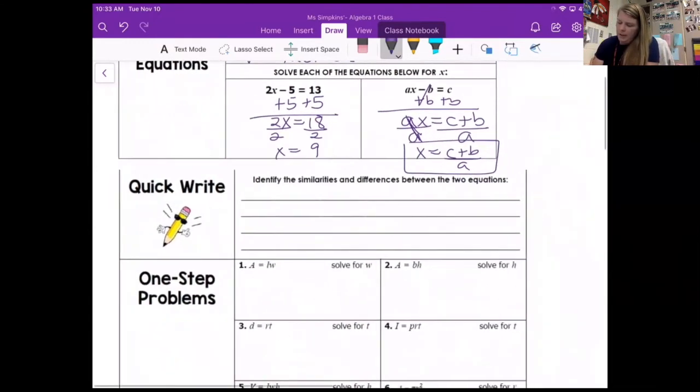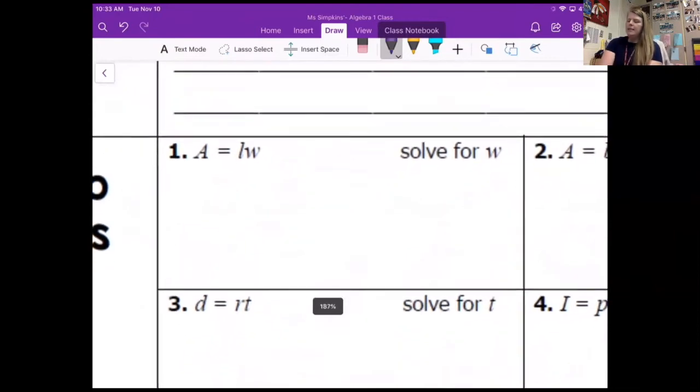So I want you to look at number 1. Number 1 says A equals LW. Does anybody recognize that? It's a formula for something: area equals length times width. We are trying to solve for W, meaning we're trying to get W by itself. Ask yourself, what is happening to W?